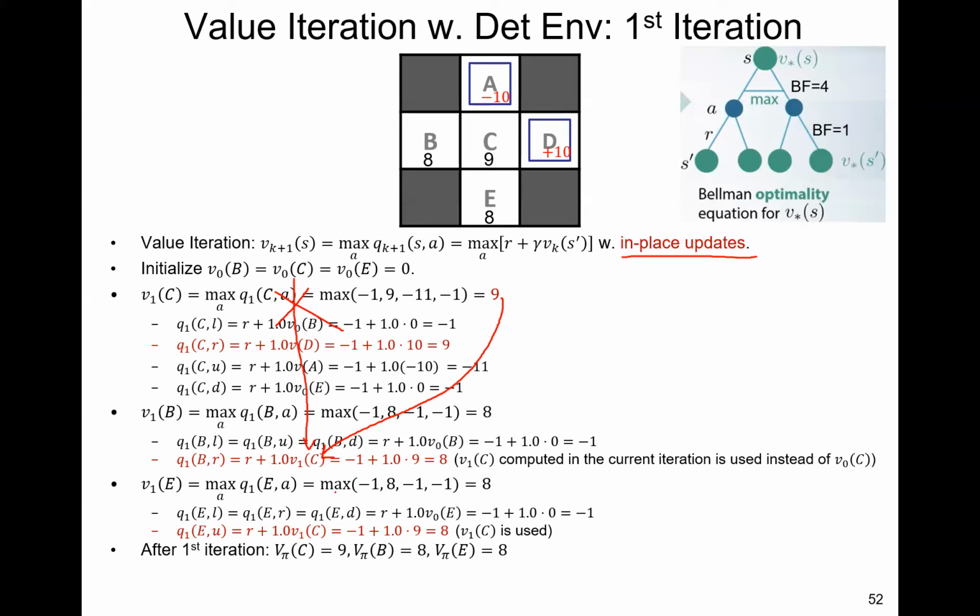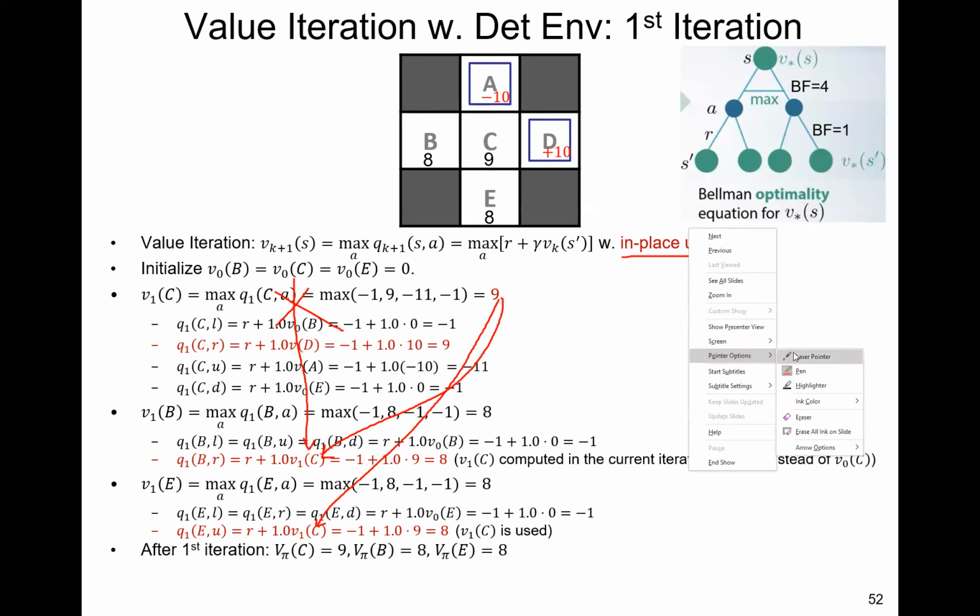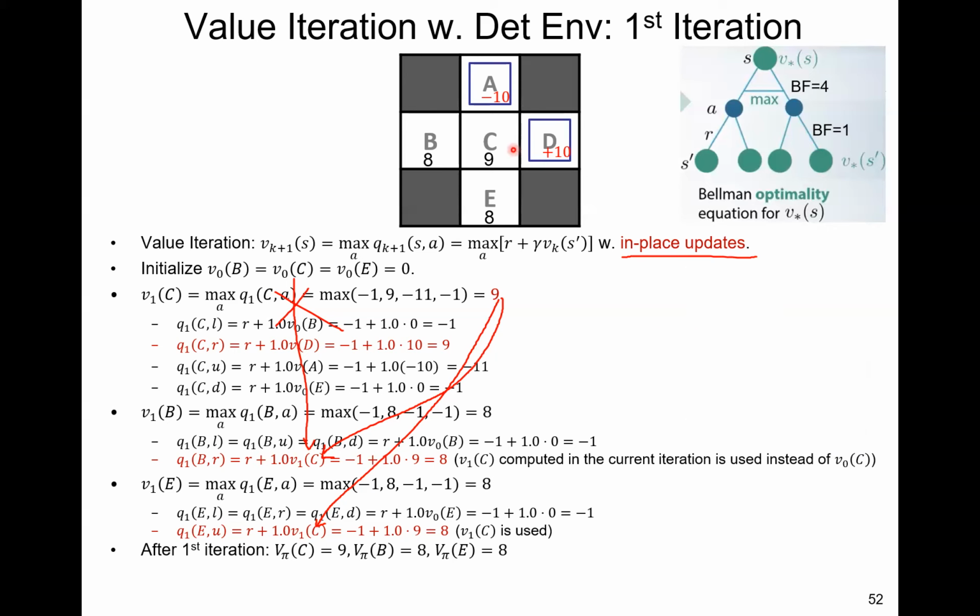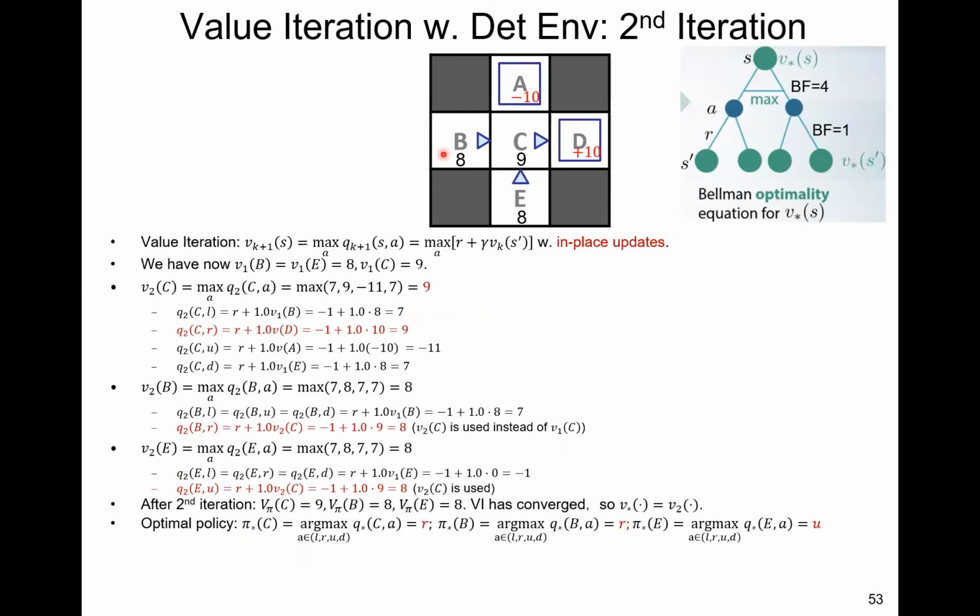Similarly for V1E, we also use the current iteration's V1C value. So after the first iteration, you get 9 for V1C, and 8 for B and E. For the next iteration, notice that for value iteration, you don't have policy improvement.